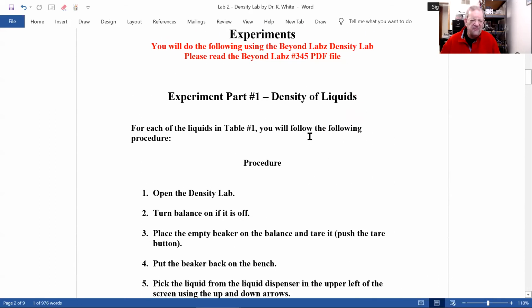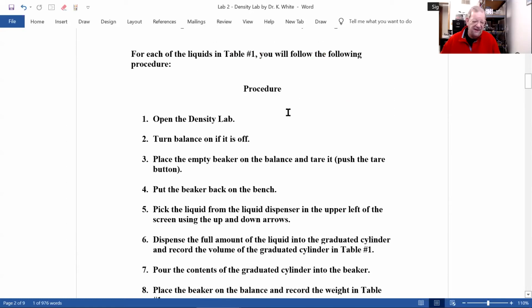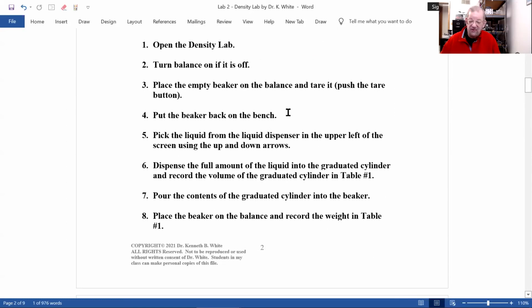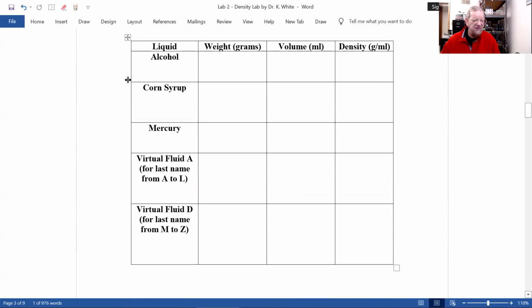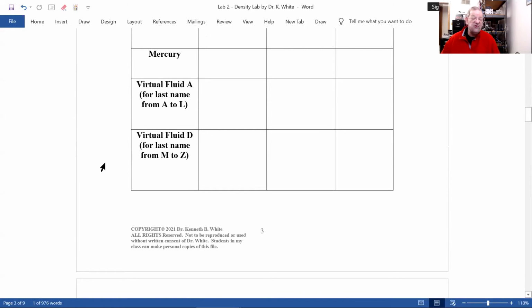And there's going to be two parts, actually more than two parts. In part one, you're going to do density of a liquid. You're going to weigh it or measure the volume, then weigh it and do the math later on. And we have a series of liquids, and I'll show you in a second. Plus, to make it interesting, we have two unknown fluids or liquids.